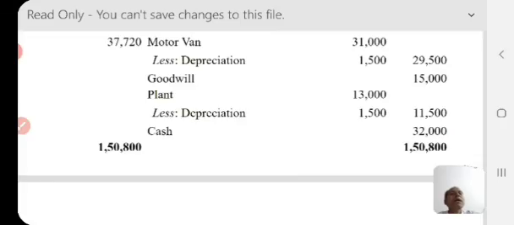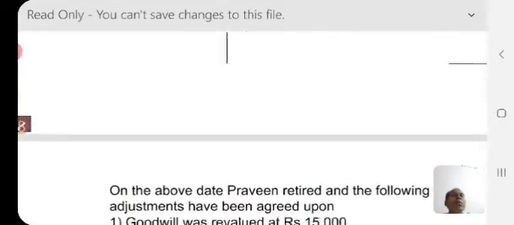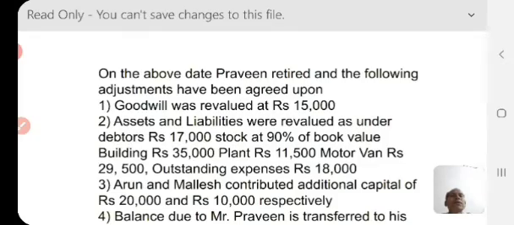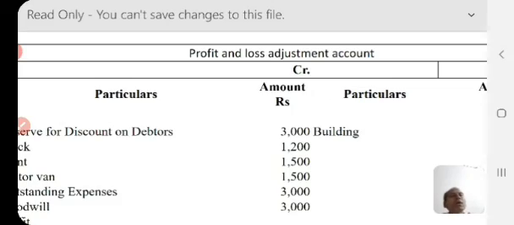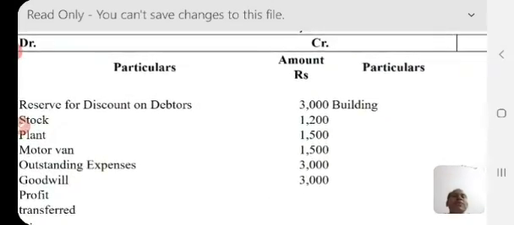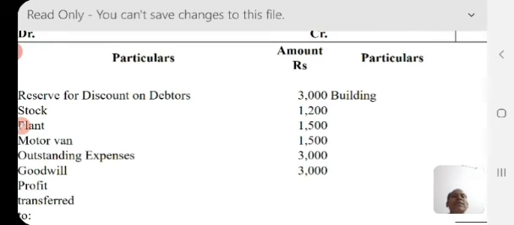Okay, in this problem we have prepared the profit and loss adjustment account. Building value is increased, doubtful debts maintained, stock decreased, plant value decreased, value of the motor van decreased, additional outstanding expenses recorded, goodwill depreciated.